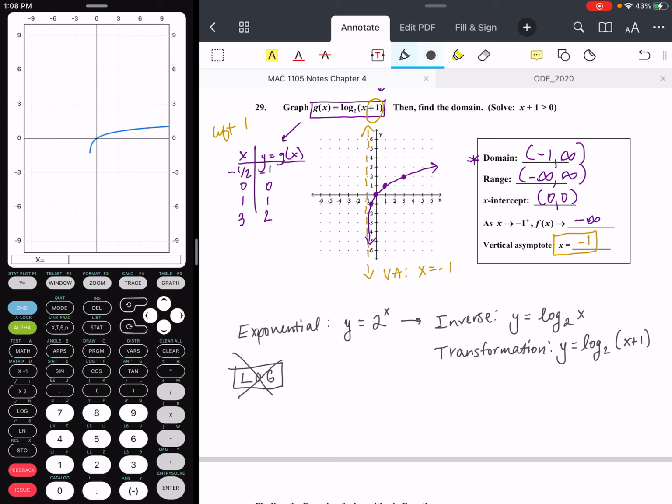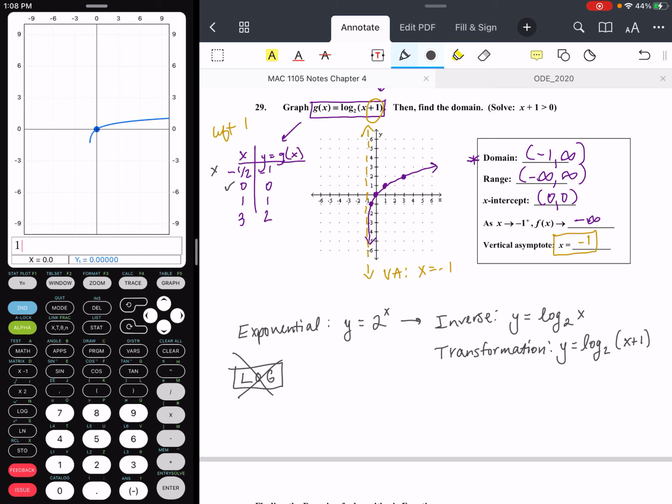We'll graph it. And it kind of looks like our function, but let's use the trace key. If I type in -1/2, which is -0.5, that gives me y equals -0.3, but I should be getting a -1 there, right? I can see that the function goes through 0, 0, so that's a match, but this point doesn't match up.